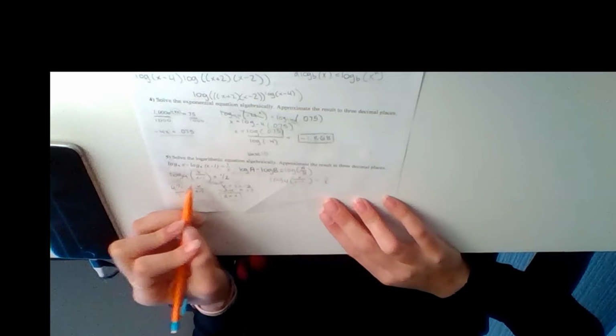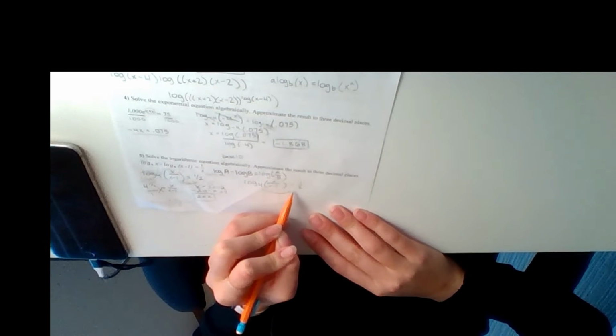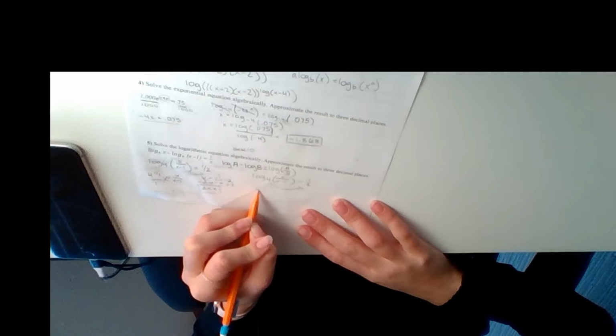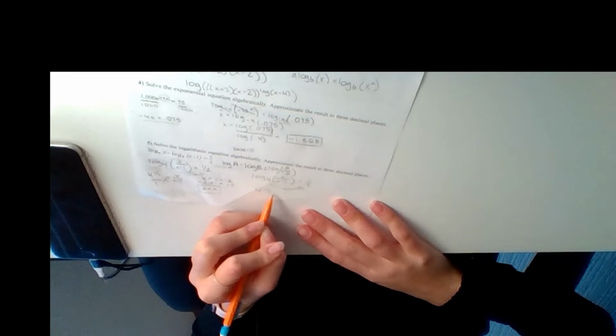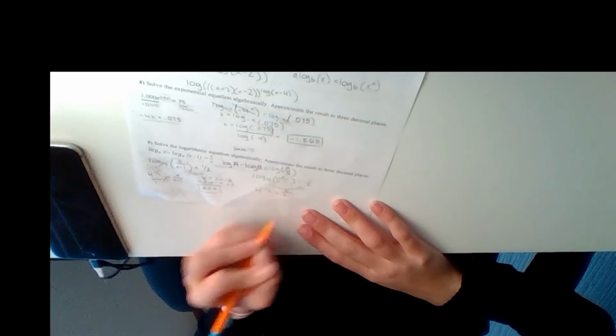Then you're going to do this weird thing where you take 4 and turn that half into the power. So we get 4 to the power of 1/2 equals x over x minus 1.